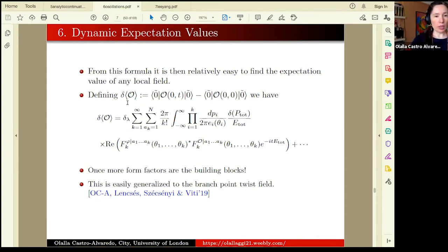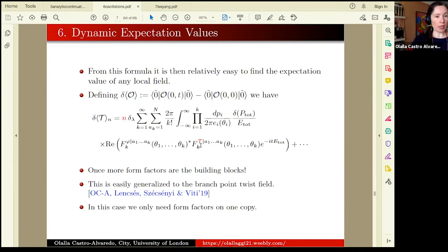The only thing that changes, literally, is the number of the field and a factor n in front, because as usual, you have n copies. But the copies are not mixing here because the other field lives just on each copy separately. So you only have the n contributions of the n copies of this field phi. That is the formula for the twist field.